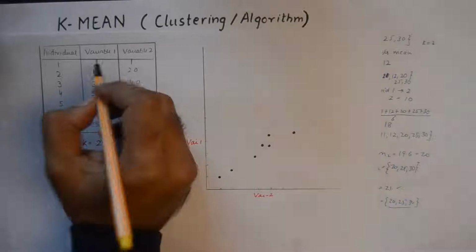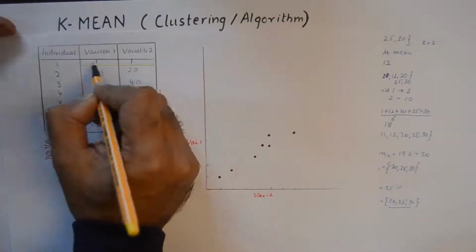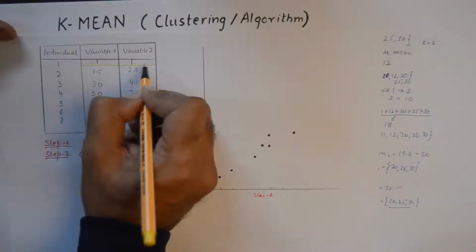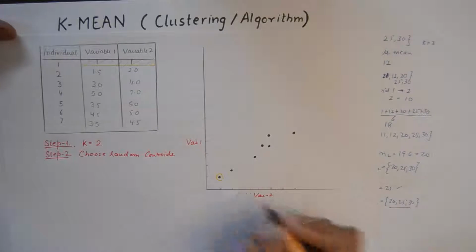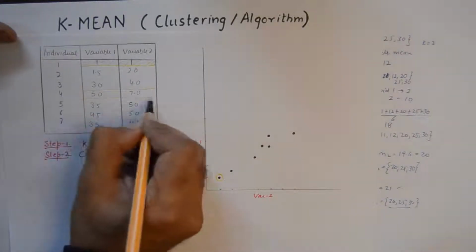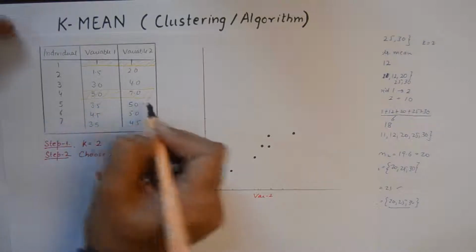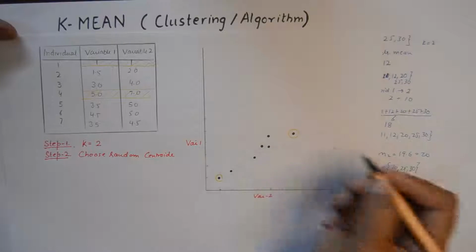Because if, let us say, I select my first centroid to be here, 1 1, so this is my first centroid, and I select my next centroid to be at 5 7, so this is the point 5 7, this is my second centroid.